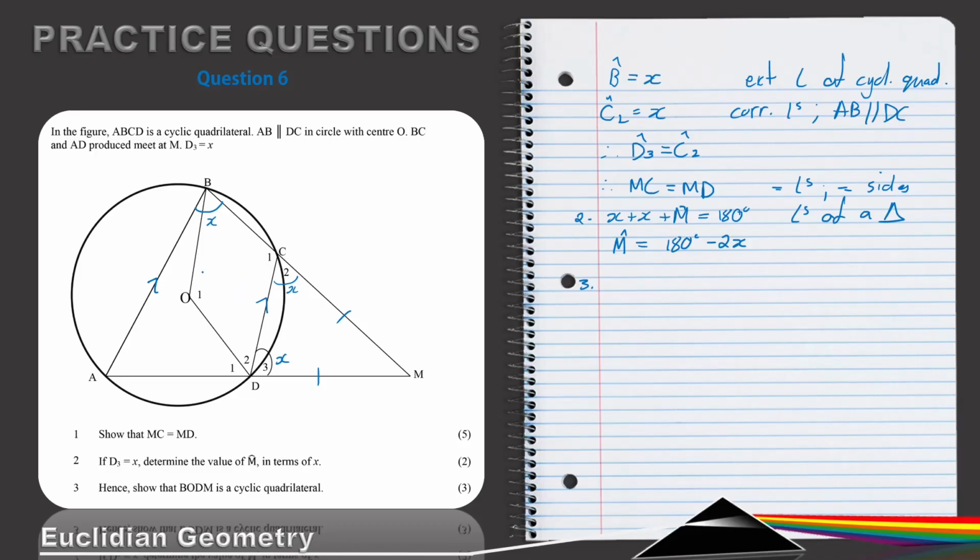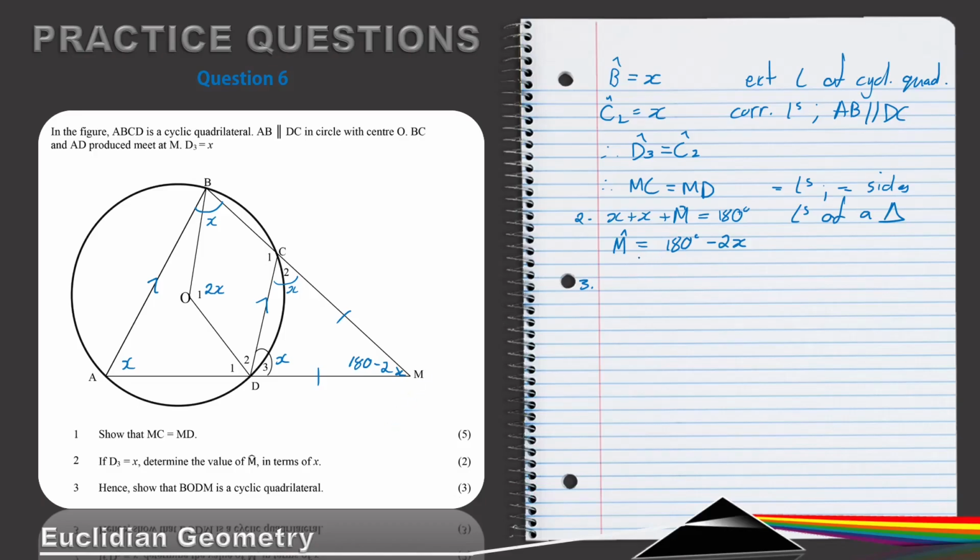Okay, so how can we find O1? O1 is subtended from DB, but DB also subtends A. Now that means that O1 is twice as big as A, and A and D3 are corresponding angles. So I'm going to say that A is x because they are equal, but O1 is twice x because that's subtended. So then I've got 2x there, and I know that M is 180 minus 2x, and then if we add those two, we should get 180.